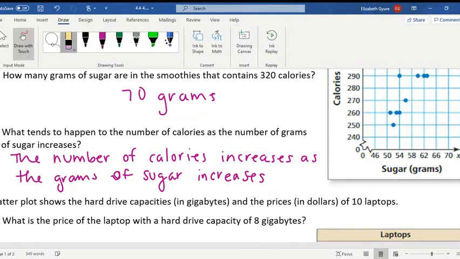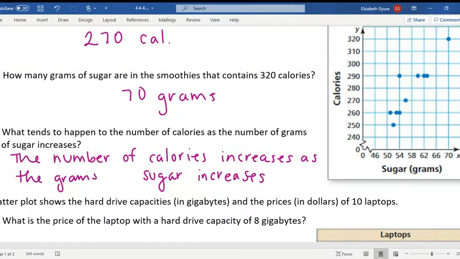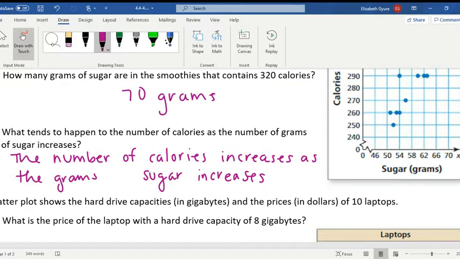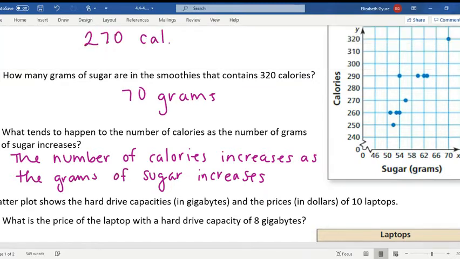And there's a few different ways you can write that. This is just one example. You could say the calories go up as the sugar goes up, right? You can use some different phrasing there if you want. But in general, the number of calories increases as the grams of sugar increases.